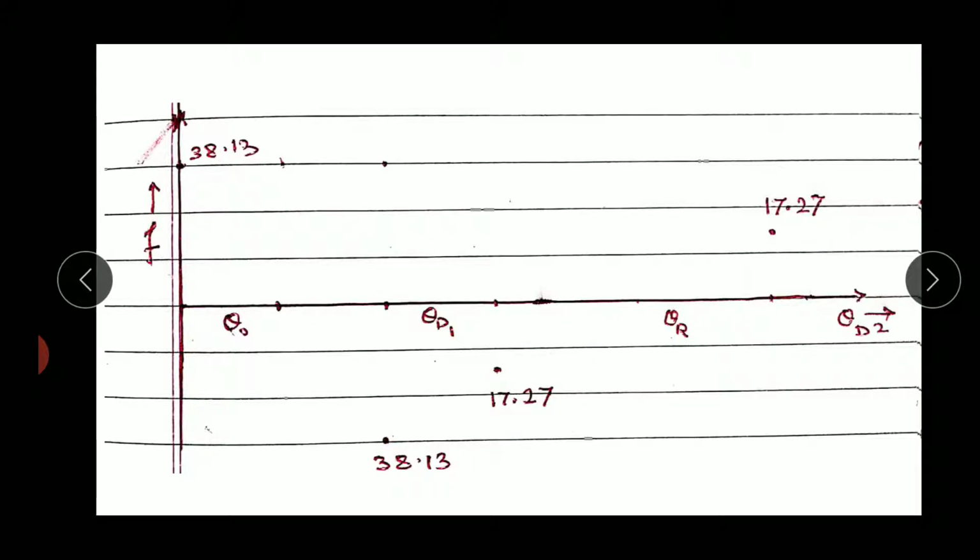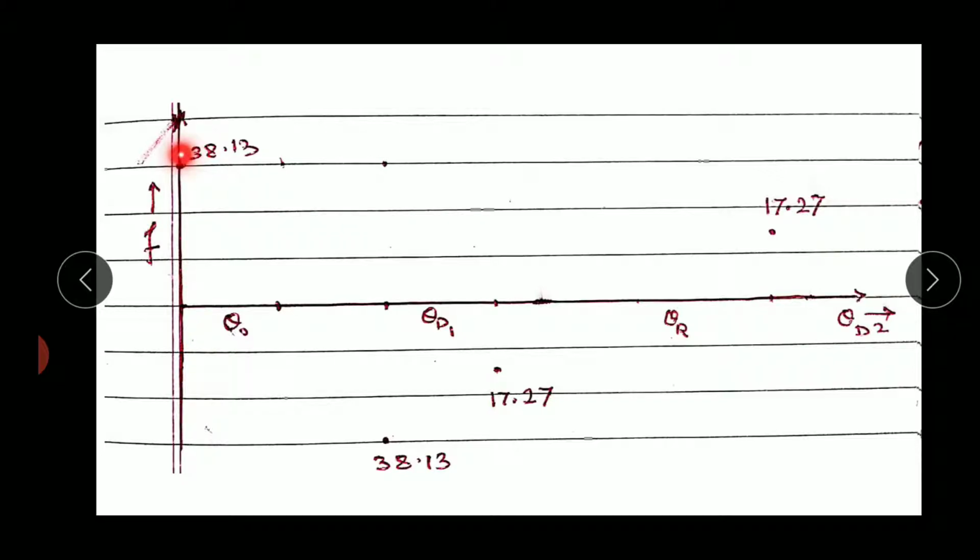So you have to choose a suitable scale for each graph. For the displacement graph it will be a different scale, for the velocity graph a different scale, for the acceleration graph a different scale. On the x-axis it will be the same, that is theta, the angle turned by the cam. On the y-axis there will be different scales for different graphs.